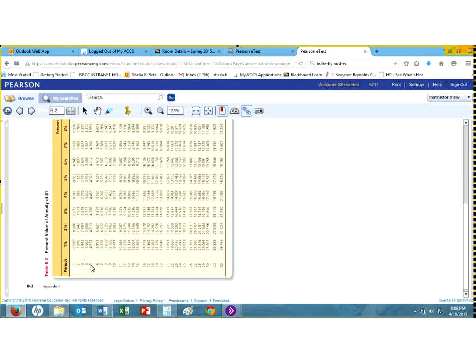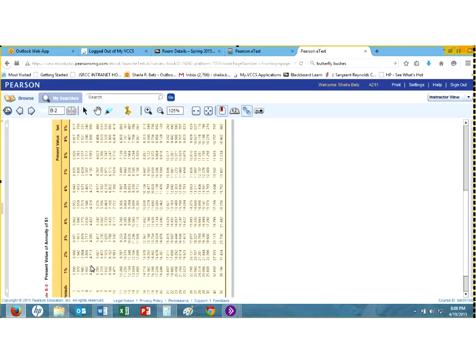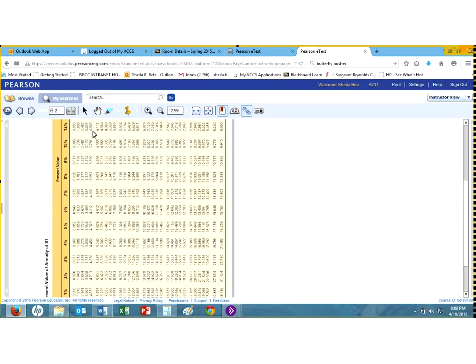So let's go to the 5-year row, and then we're going to scroll to 12%. So 5 years at 12%, the value we want here is 3.605.